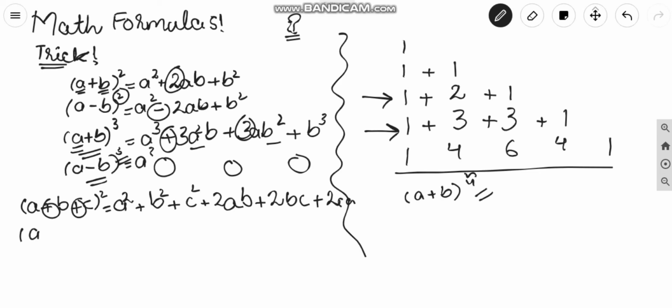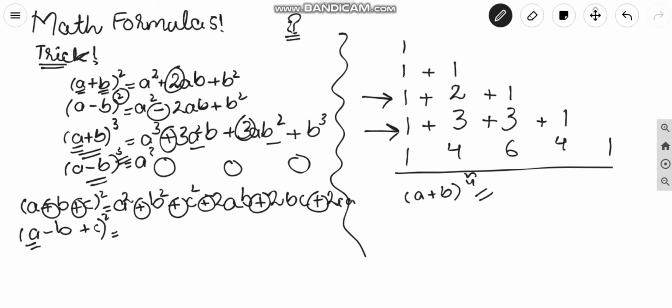But when you are dealing with (a - b + c) whole square, you may be confused where you have to place the sign of plus and where you have to put the sign of minus. Let's solve this confusion.